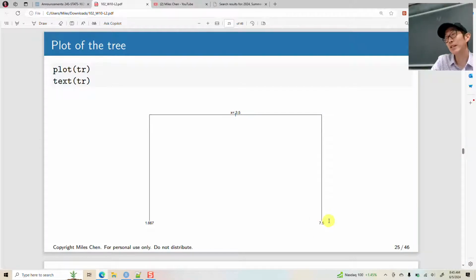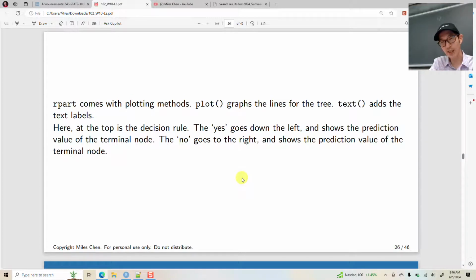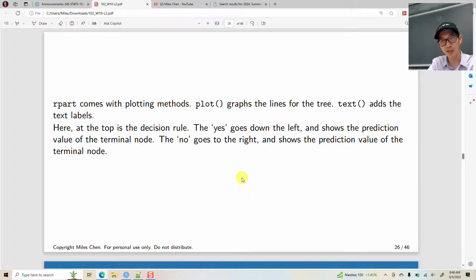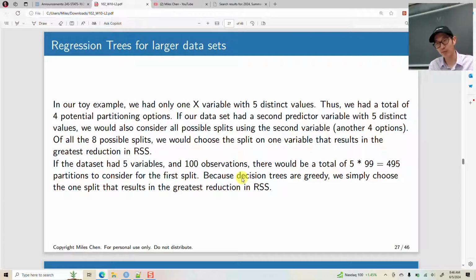This is the base plot function for a tree. If you have a more complicated tree, it will have further splits. And then you have to also call text, otherwise you'll just have these splits that don't do anything. So it's not a great tool. There's better things for visualizing regression trees.